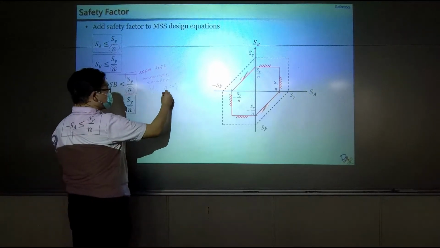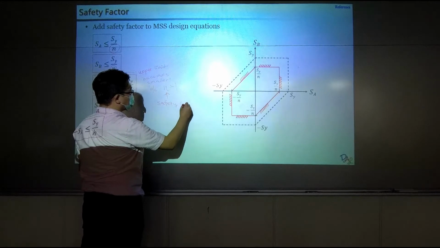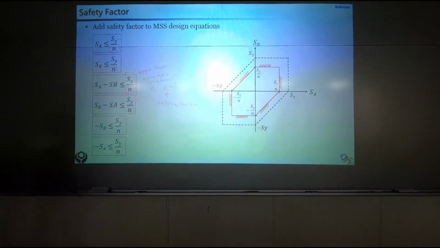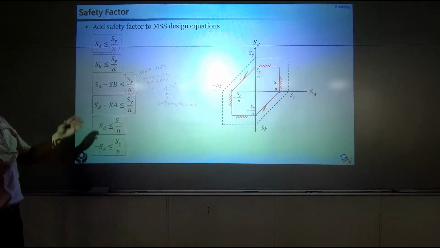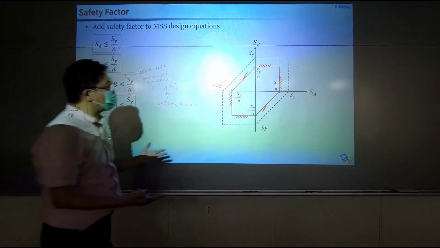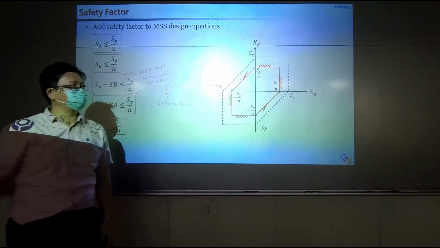What is n? Safety factor. Because n is greater than 1, this upper limit for every equation becomes smaller. If the upper limit becomes smaller, we have a smaller design region.